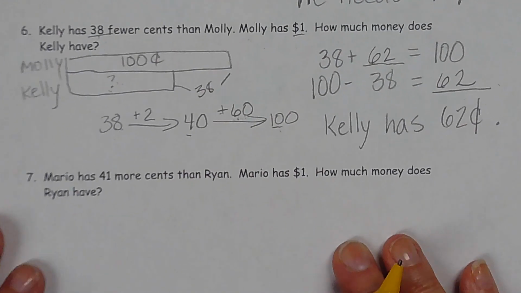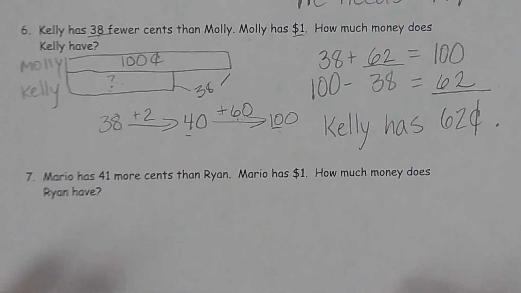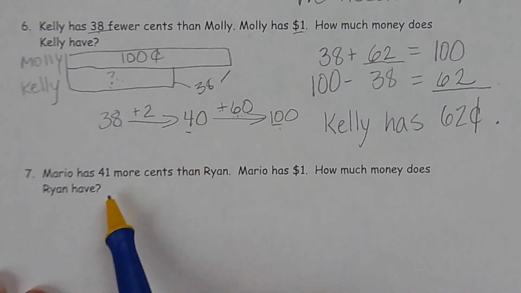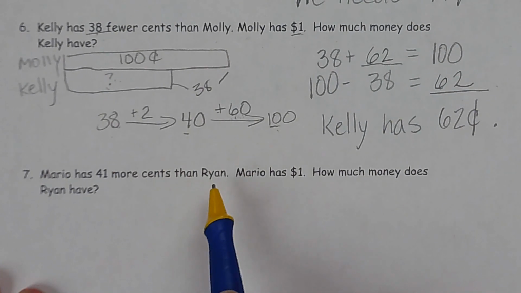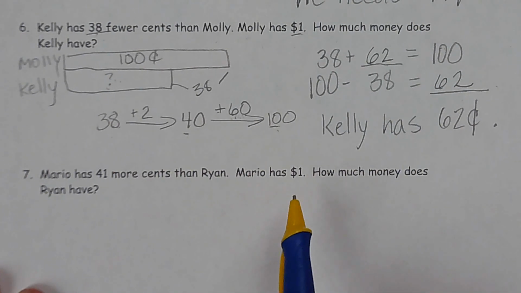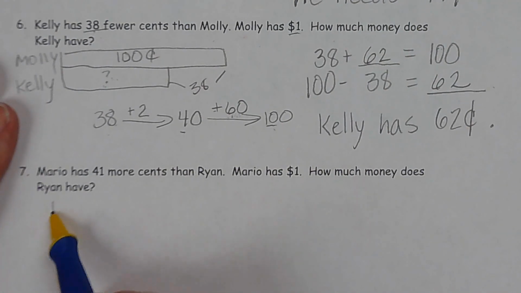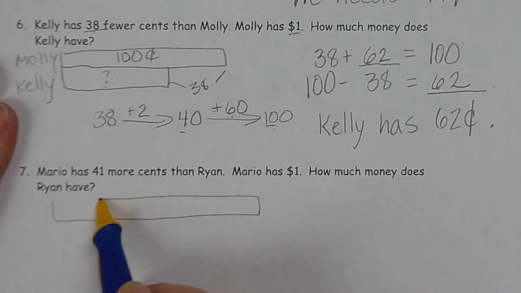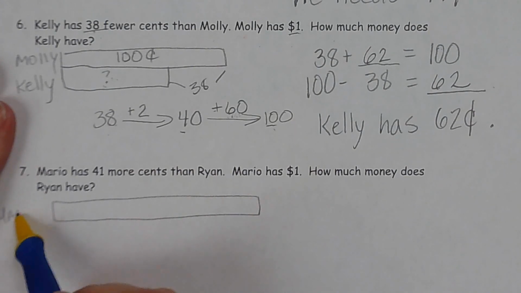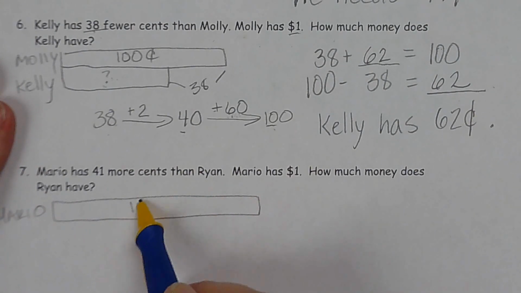The next one is pretty much the same thing. Mario has 41 more cents than Ryan. Mario has $1. How much money does Ryan have? Mario has $1.